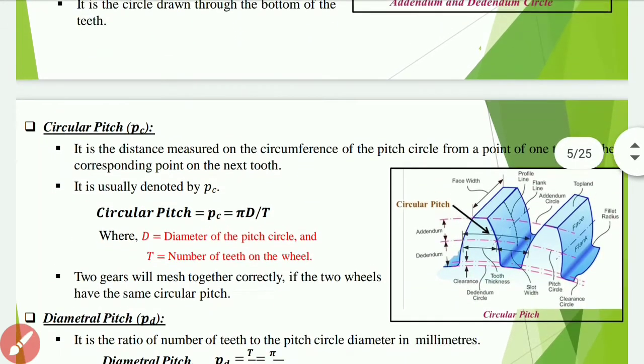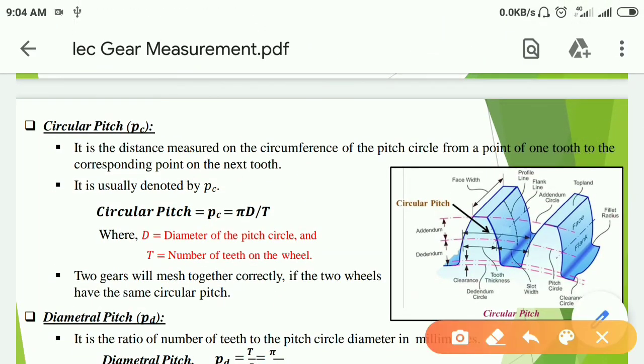Next is circular pitch, which is denoted by Pc. It is the distance measured along the circumference of the pitch circle from a point of one tooth to the corresponding point on the next tooth.